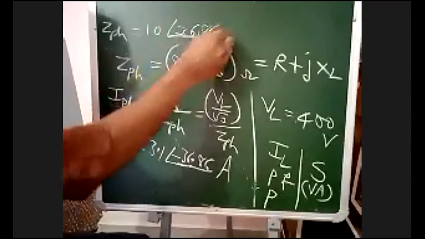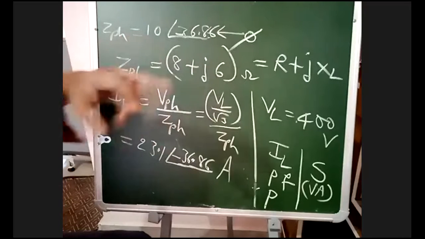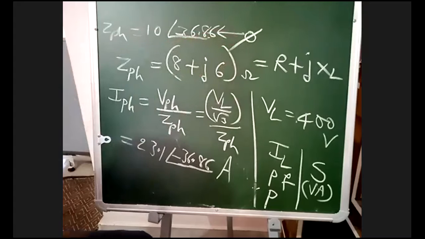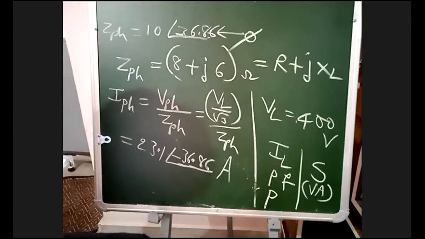Phi is 36.86. Write a note: whatever angle we get for Z, that is your power factor angle.